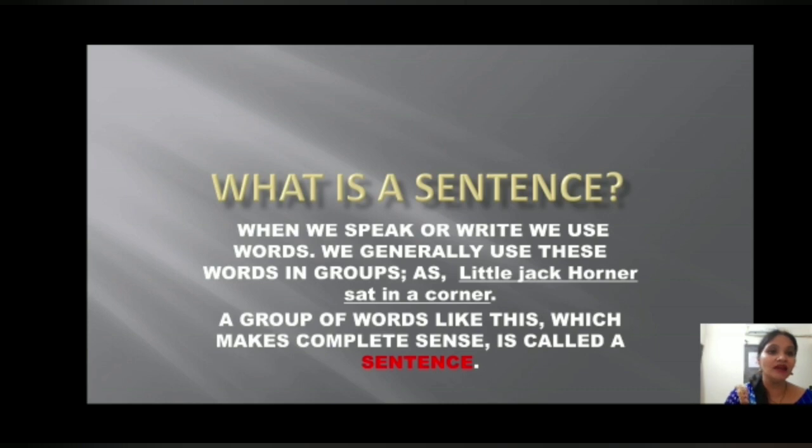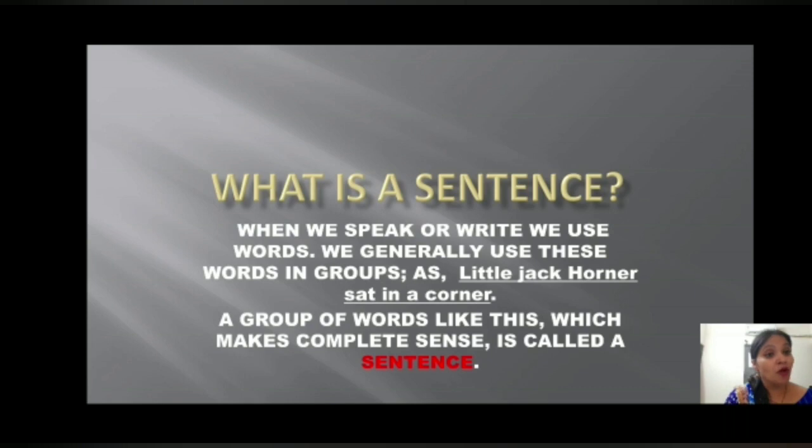For example, little Jack Horner sat in a corner. This is a complete sentence using different words. So we have used different words to form a sentence. A group of words like the above example, which makes complete sense, is called a sentence.